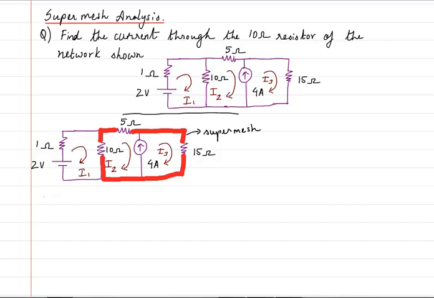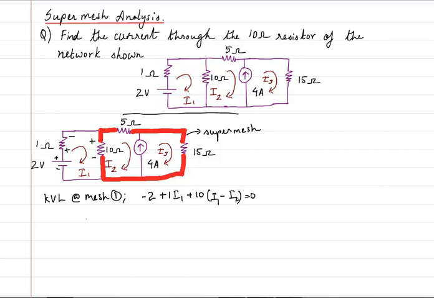So let me write KVL at mesh 1. If I write directly, the current is going to flow from here. So this is plus, this is minus, this is plus, this is minus, based on polarity. I will take the back of the bogie, so I will be writing minus 2 plus 1 I1 plus 10 times I1 minus I2, and that is equal to 0.